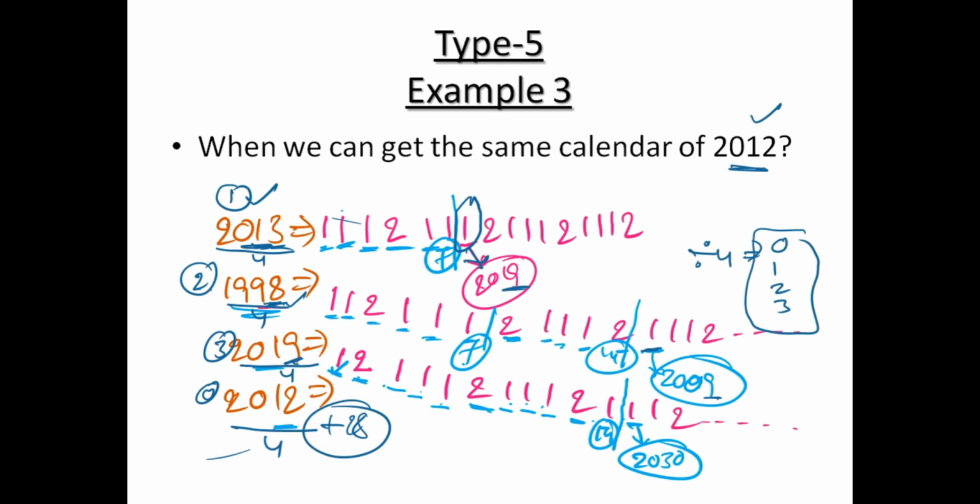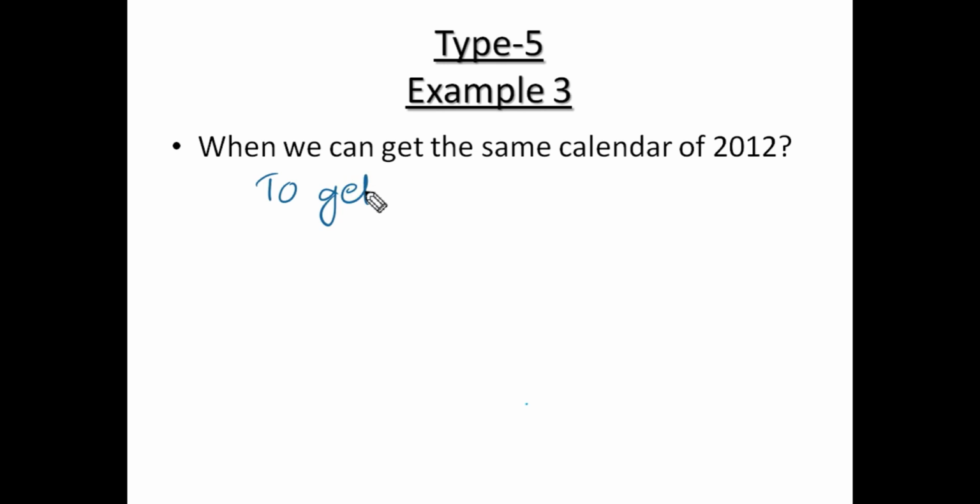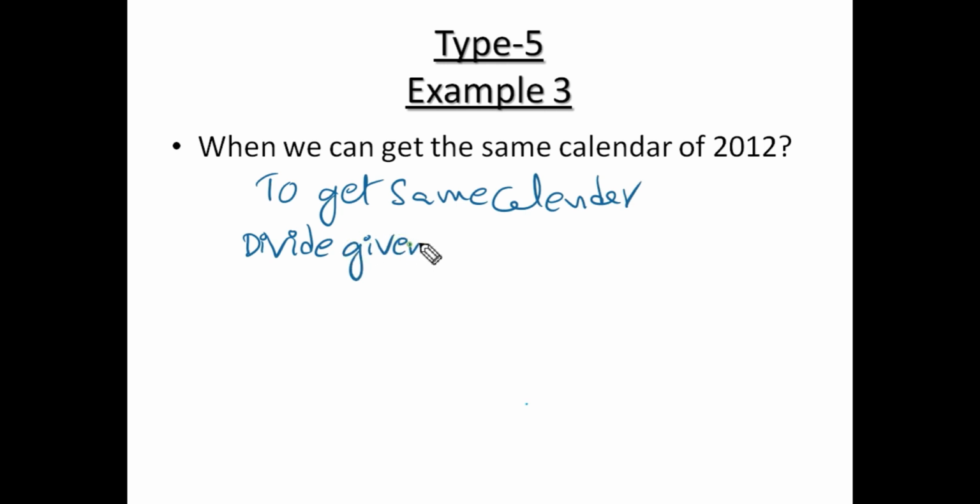Okay. I'm giving a shortcut here to get the same calendar. Divide the given year by 4.